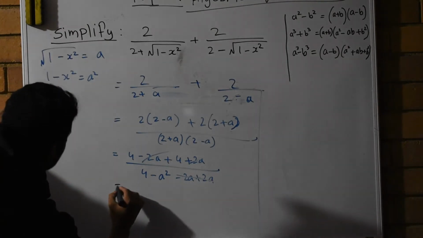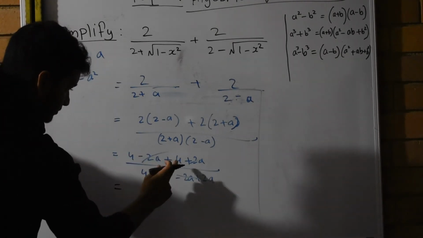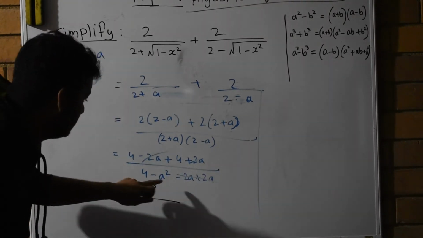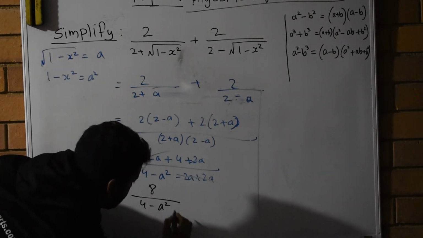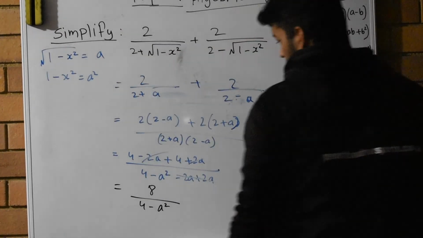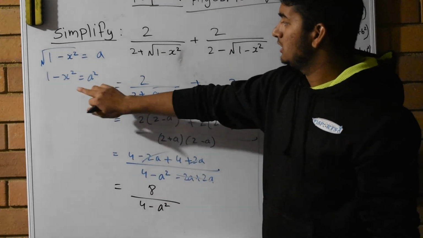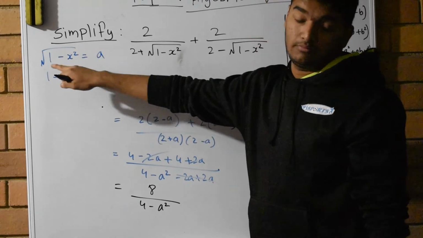Anyway, back to our problem. So 4 plus 4 gives me 8, and 4 minus a squared, because those two cancel out. Now a squared is going to be 1 minus x squared, since we square both sides.